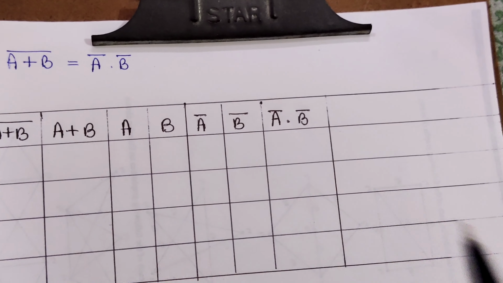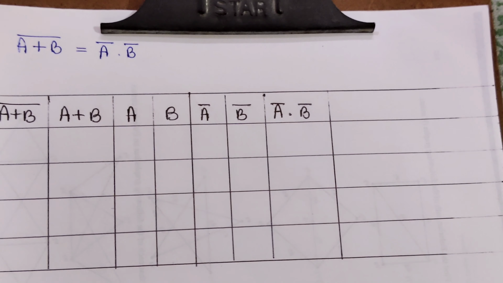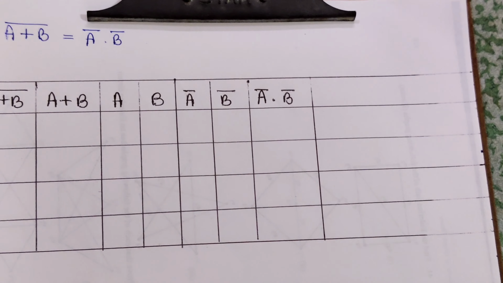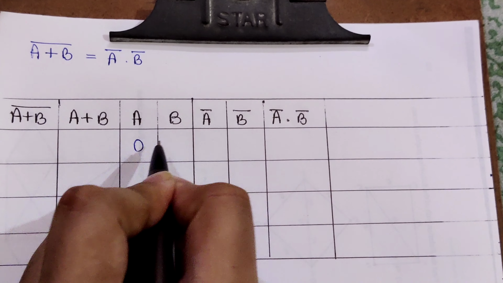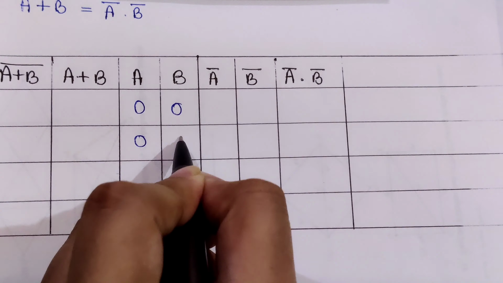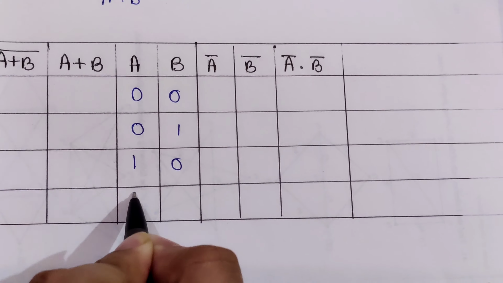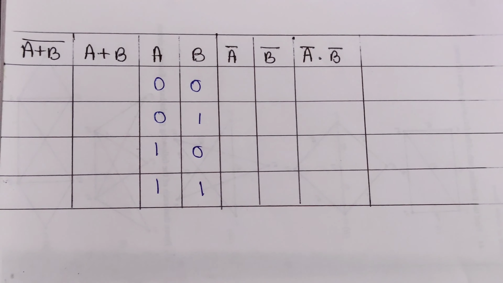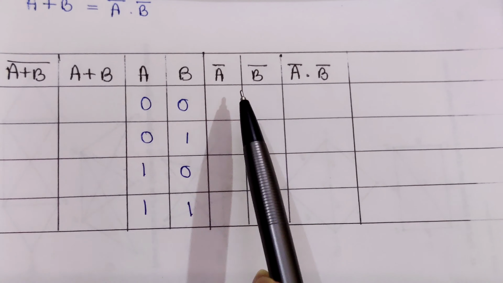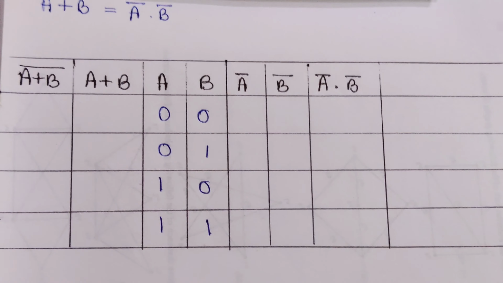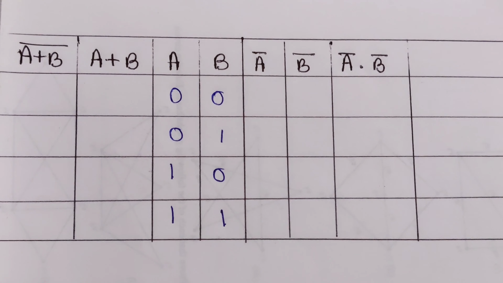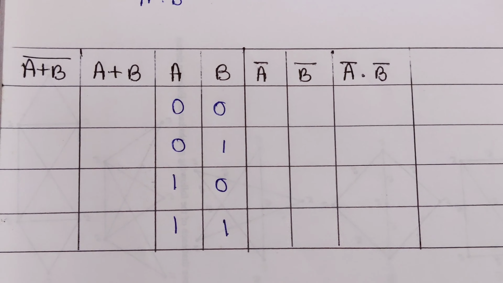So I have prepared the truth table already. Now I will put the values. First I will put the values of A and B, which are the input. So I am putting those 0 0, 0 1, 1 0, 1 1. Now first I will calculate A complement. Complement means if the input is 0, then the output will be 1, and if the input is 1, then the output will be 0.